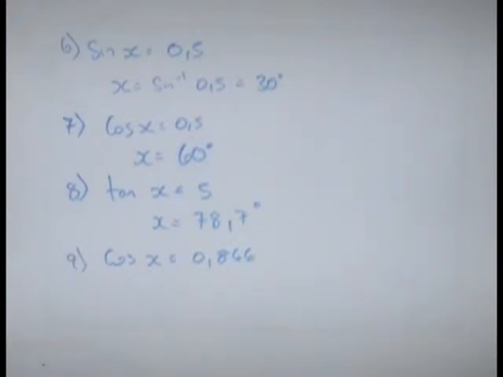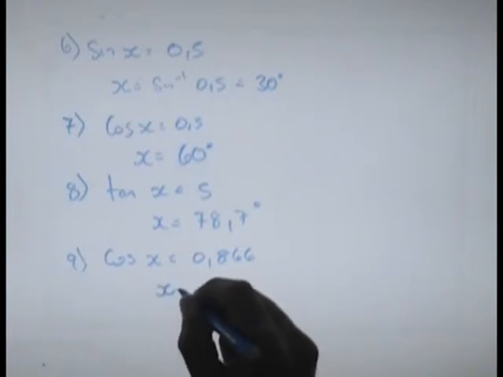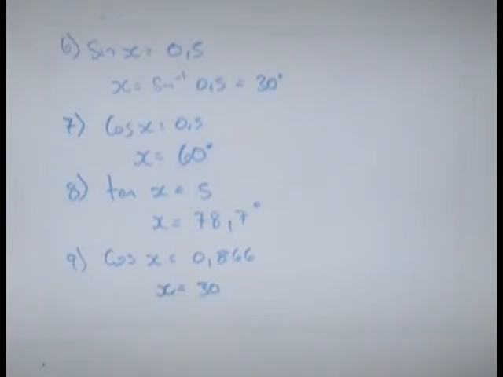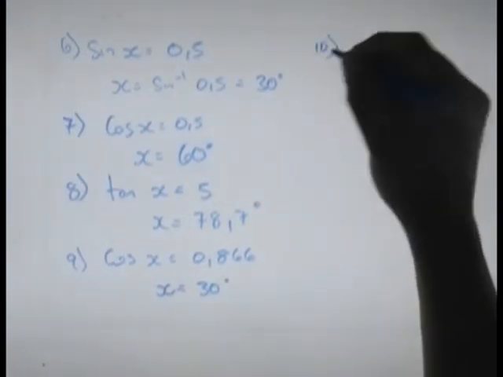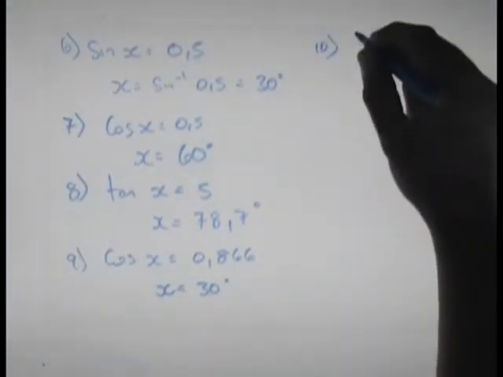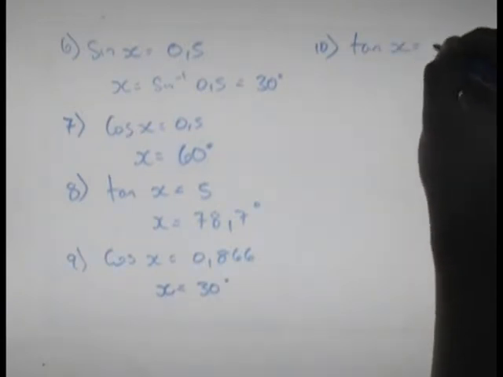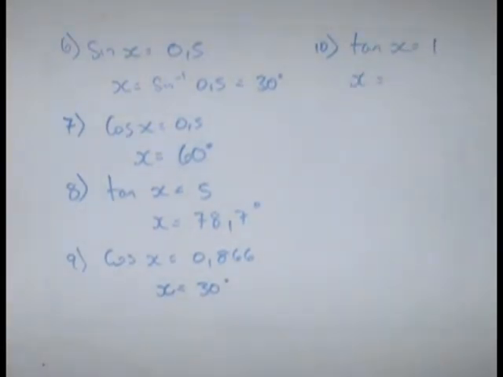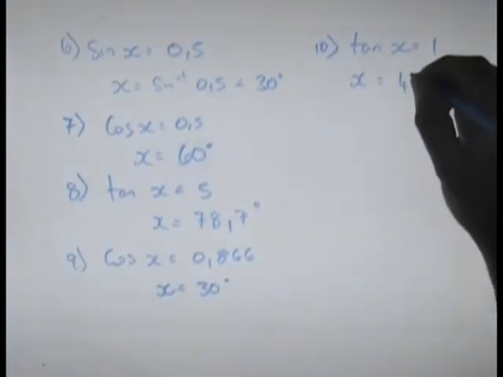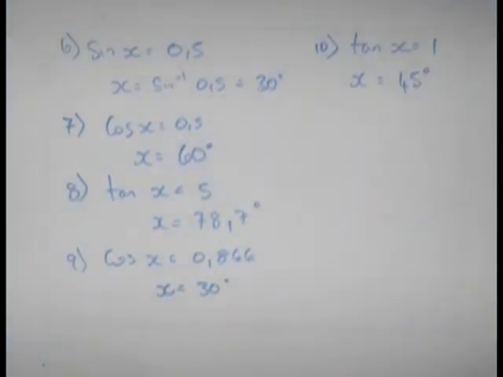Second function cos of 0.866 is going to give me x is equal to 30.003, or just 30 degrees rounded off. Number 10 said tan of x is equal to 1. That means that x is equal to second function tan of 1, which is 45 degrees.